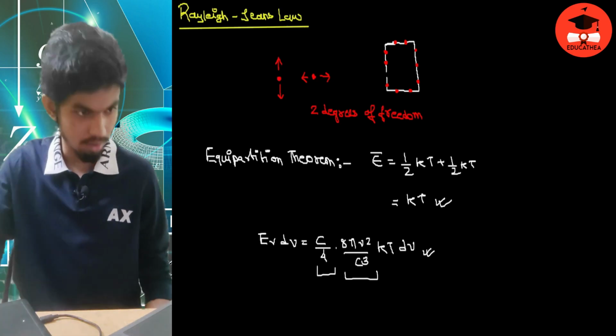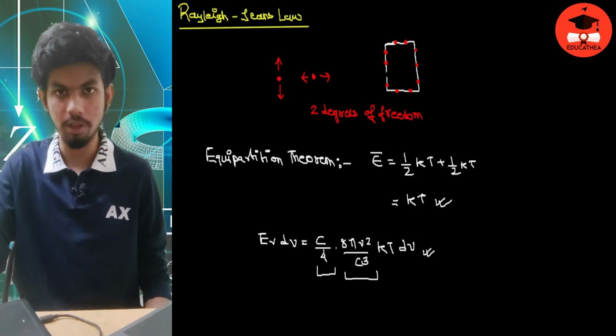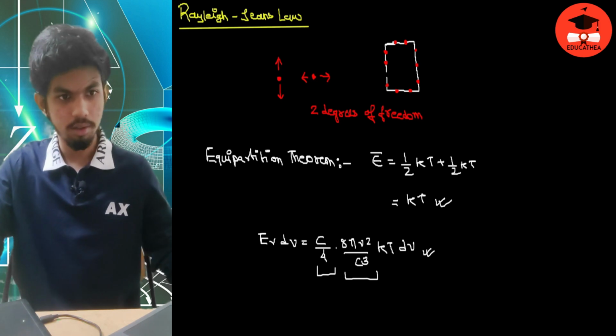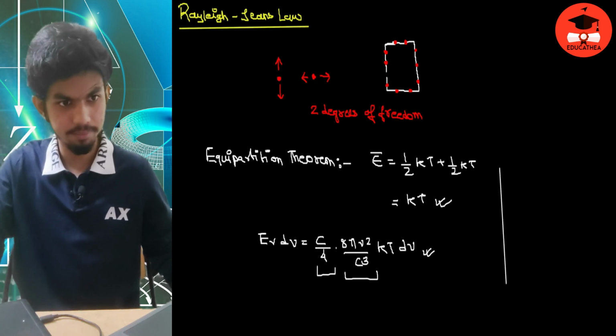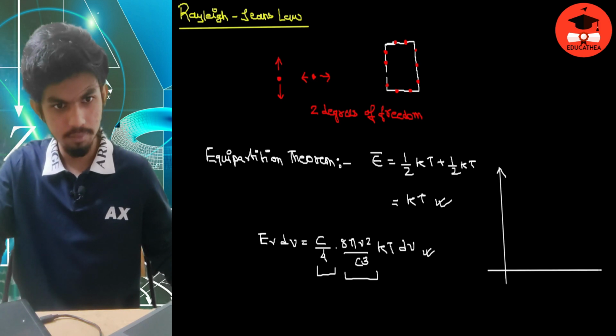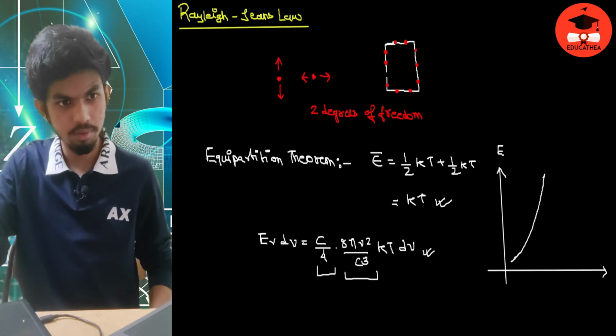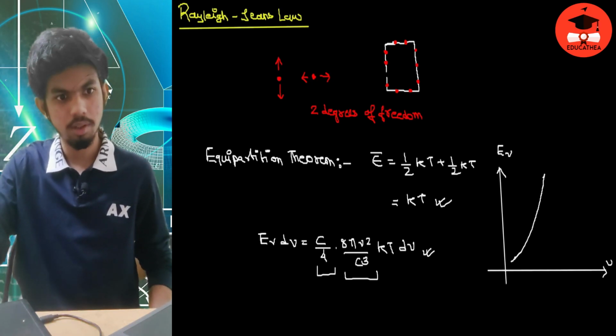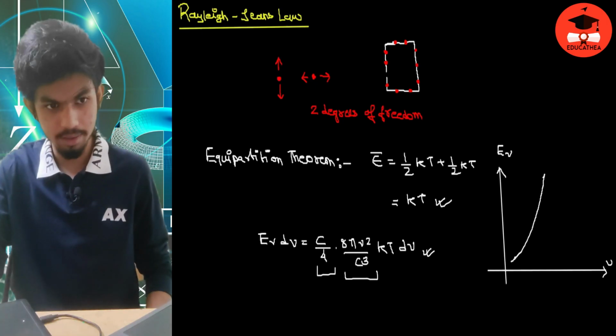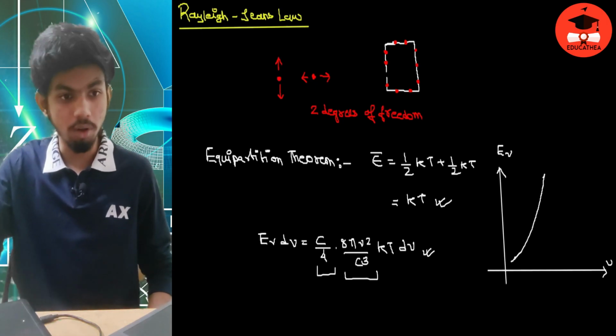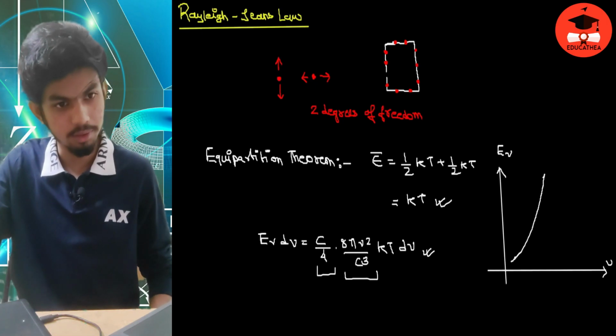Now let's try to draw what this E nu d nu expression looks like. So it looks something like this. This is E nu and this is nu. So this is what the curve looks like. But then again, we know what the original experimental curve looks like.